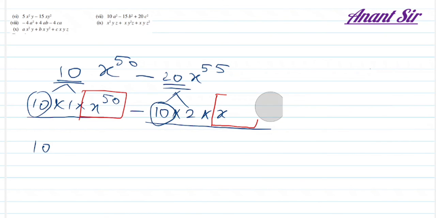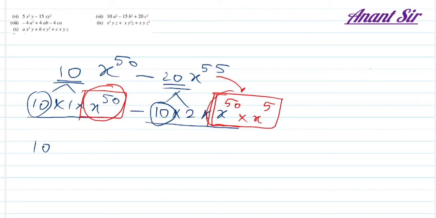So what I can do is write this x raised to 55 as x raised to 50 into x raised to 5. See, there will be 55 x only if I write it like this. We are not changing the number of x here. But now I can take x raised to 50 also common from both the terms. And what will remain now?